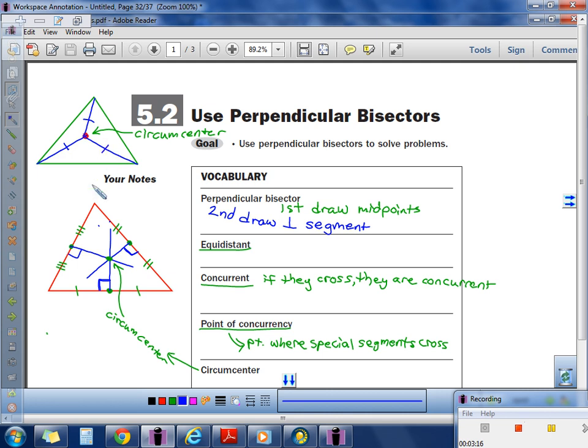So from this point to a vertex will be the same. So the segment from the vertices to the circumcenter will be the same.